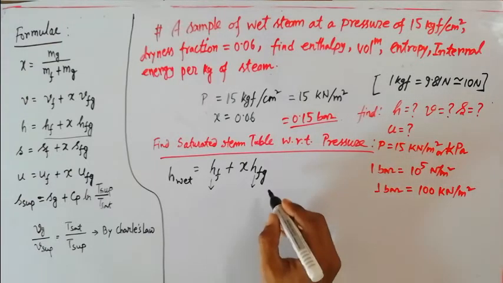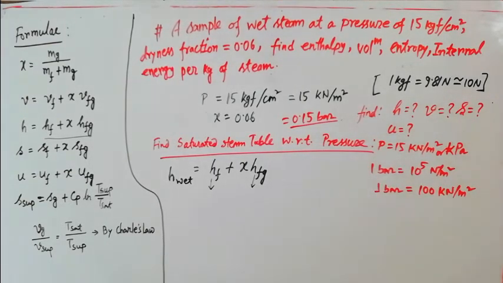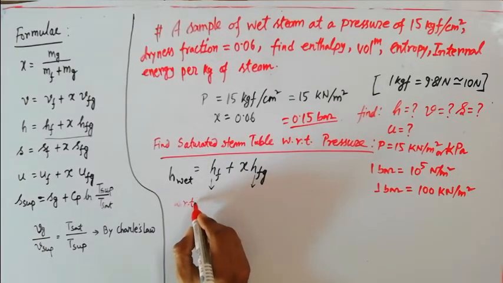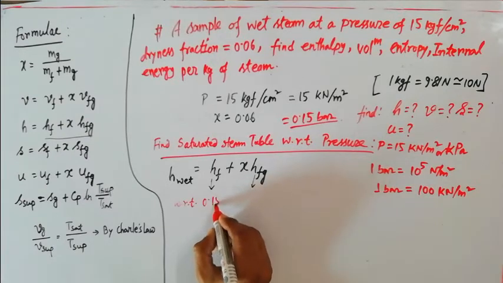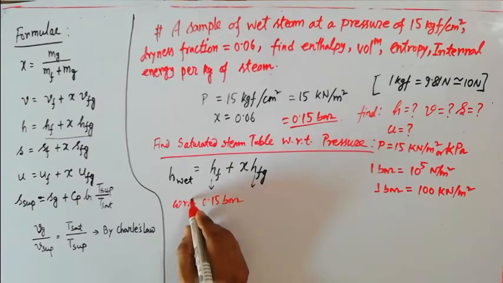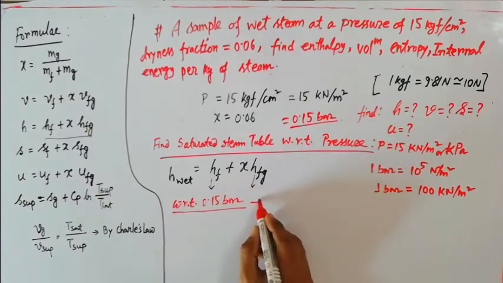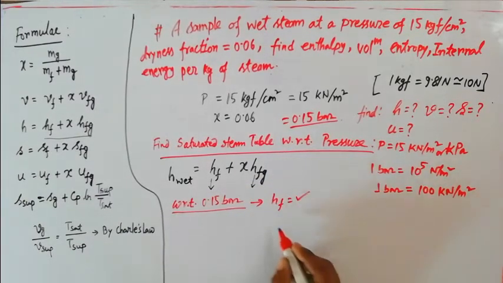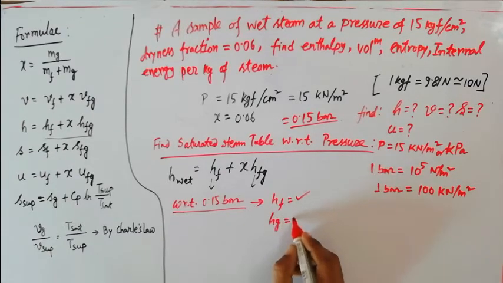In your steam table, with respect to 0.15 bar, hf will be gettable and hg is also given there.